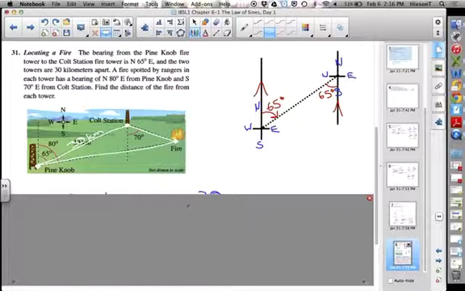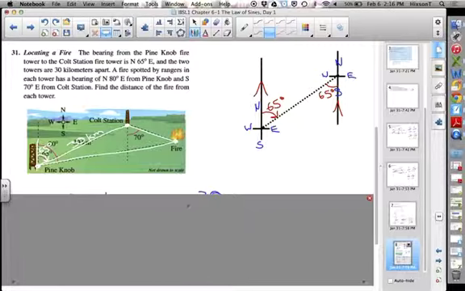The first thing here is the bearing from the Pine Knob station to the Colt station is north 65 degrees east. Remember how this is measured. You measure due north, and from that you measure a 65 degree angle towards the east, so towards the right. Okay? So this angle right here is 65 degrees.